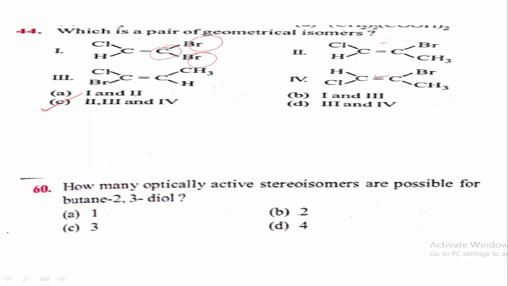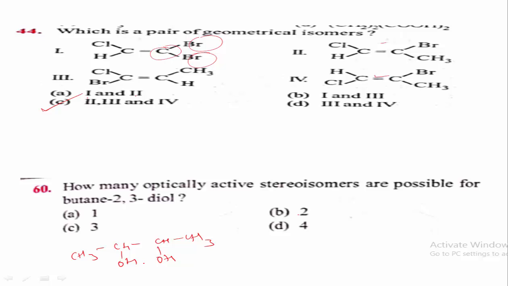CH3, CH, here OH, and here also OH, and here CH3. Is it right? Yes, students, butane 2,3-diol has similar chiral carbon atoms.